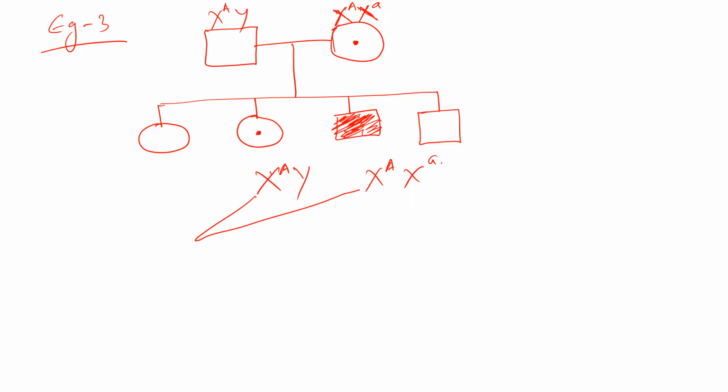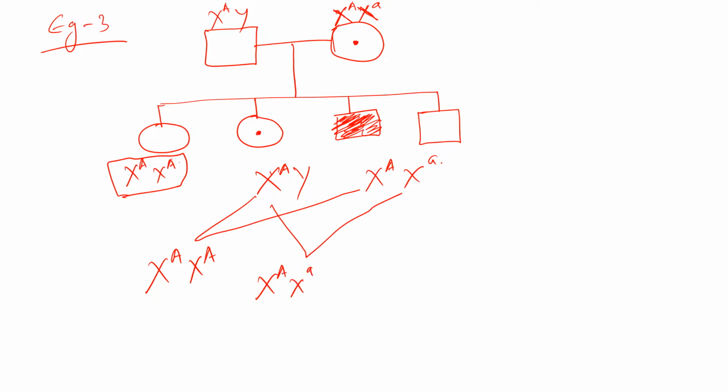So here we get the homozygous dominant daughter. So this is unaffected, and the other one, here we get the unaffected but the carrier, unaffected daughter, but she is a carrier of this recessive allele.